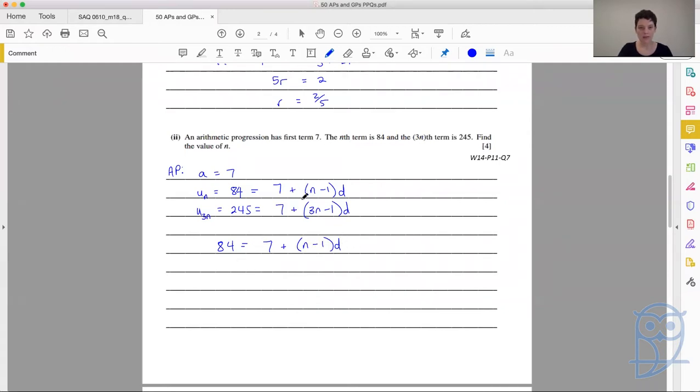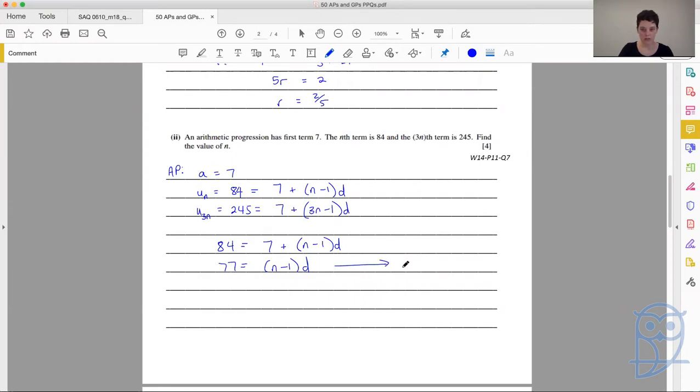Let's make life a little bit easier and simplify this one. So 84 minus 7 gives us 77 equals n minus 1 times d.